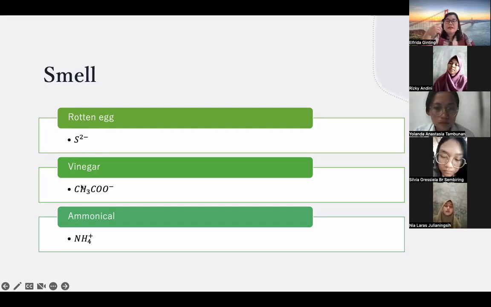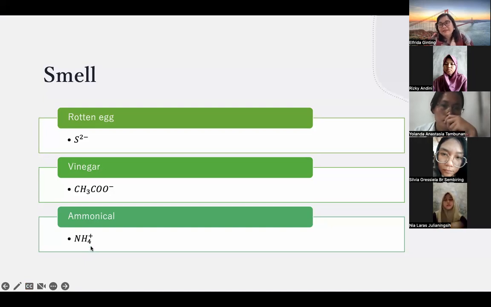If you smell like vinegar, then you have CH3COO-. If you smell like a restroom, ammoniacal, ammonia, then you have NH4+. So that is based on the appearance: the color and the smell.